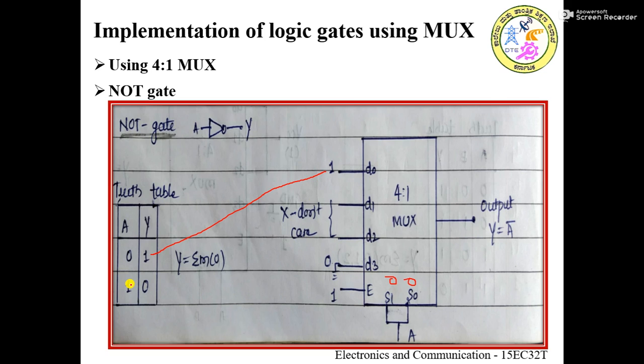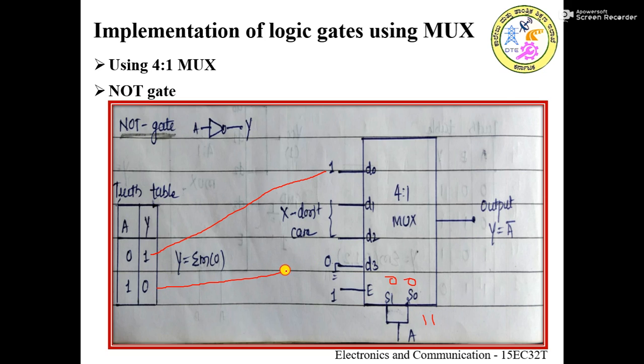With the other input combination, A equal to 1, since these two are short circuited, S1 and S0 both will become 1 1. With 1 1, the last input data line, that is D3, is selected.